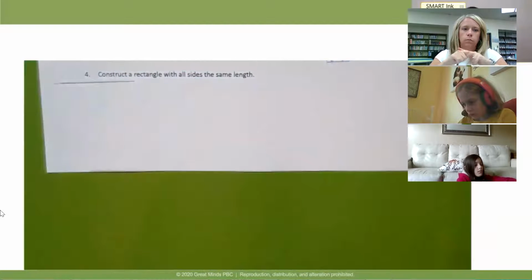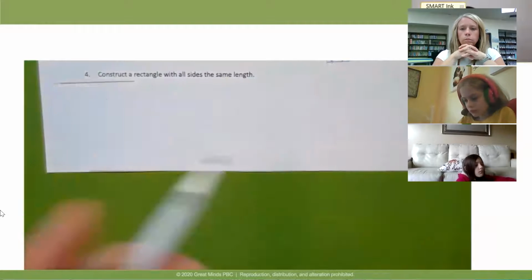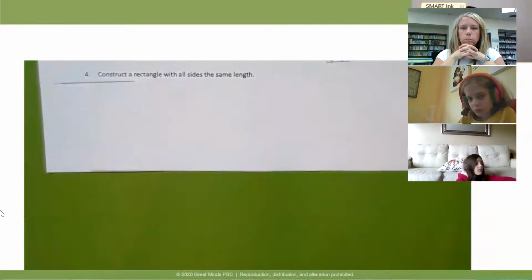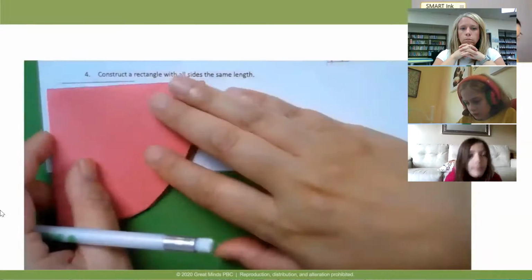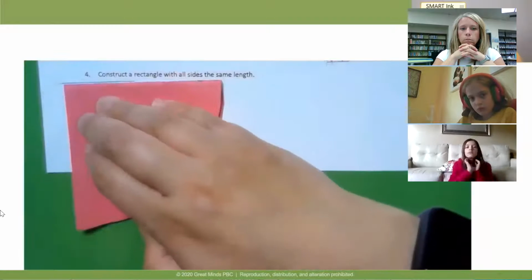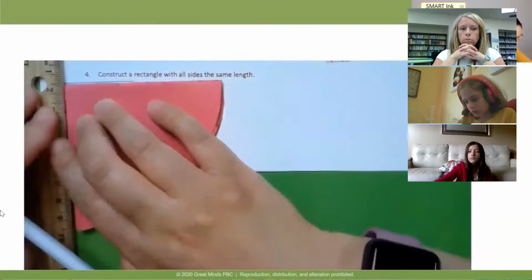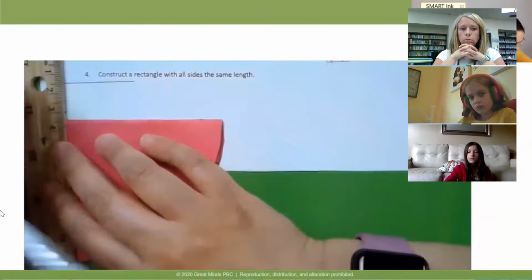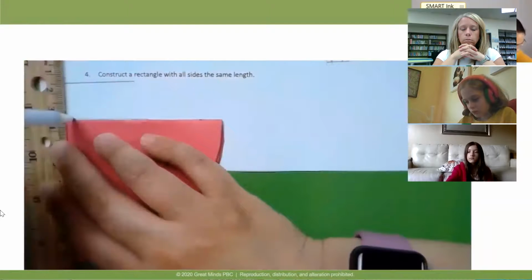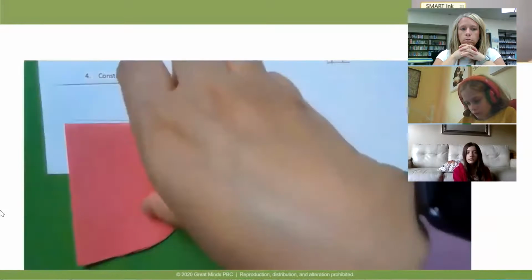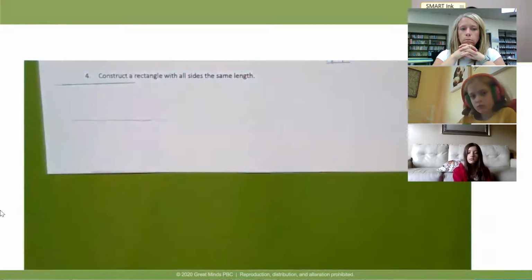Then, use your right angle template and your ruler to draw a segment that's parallel to the first segment. Next, draw a third segment with your right angle template that's perpendicular to the baseline.